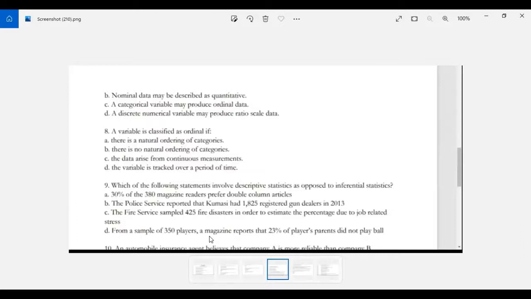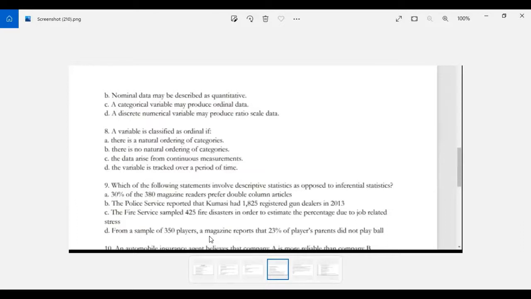What is the answer? A. Good. So the variable is classified as ordinal if we can order them. It has intrinsic ordering. So A is the answer.